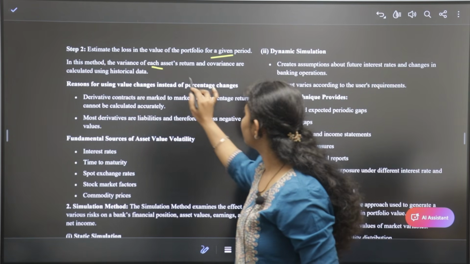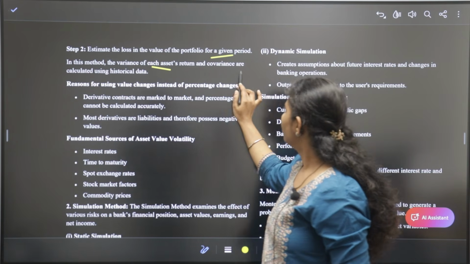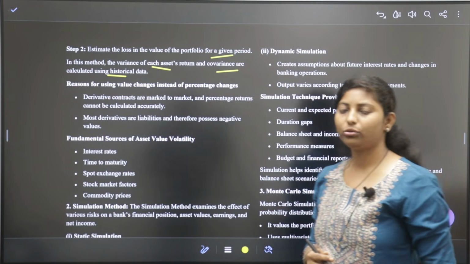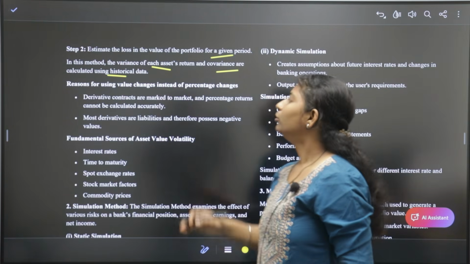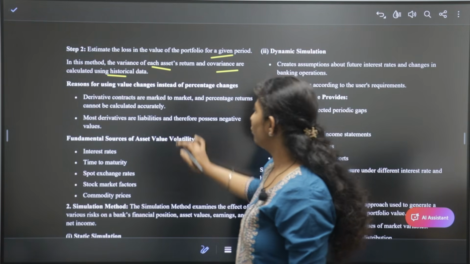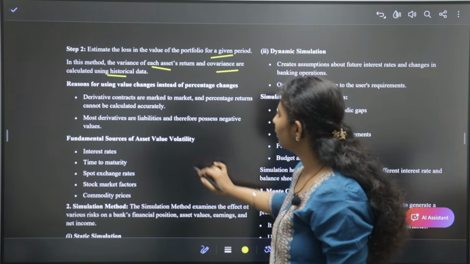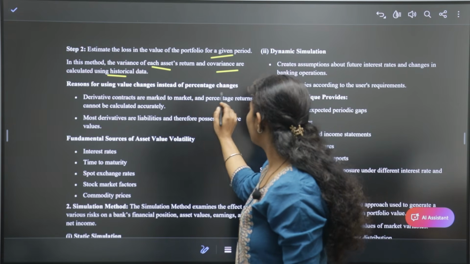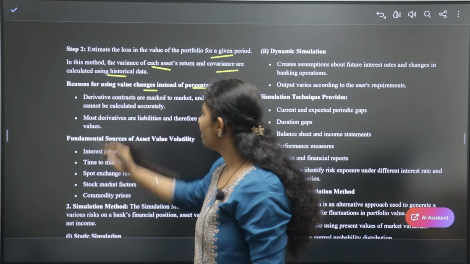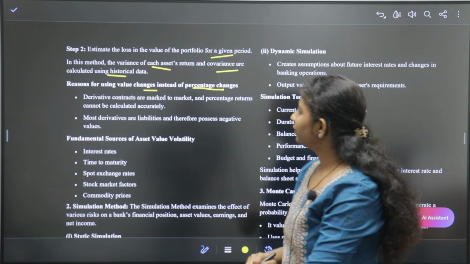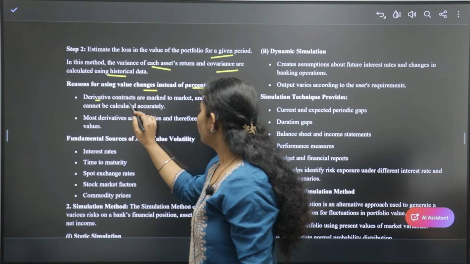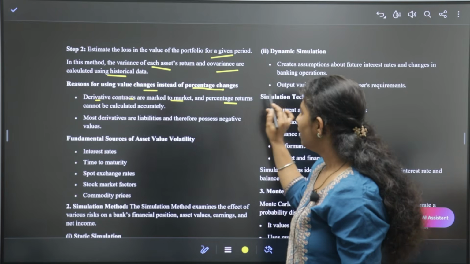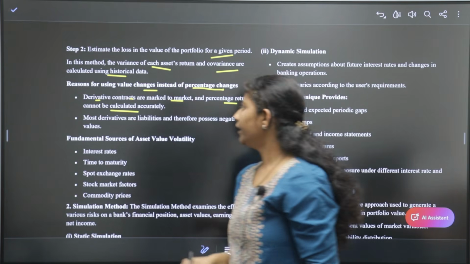In this method, variance of asset returns or return covariance are calculated using historical data. Historical data will help us to know your portfolio's value at risk. Next, the reason for using value changes instead of percentage changes: derivative contracts are marked to market and percentage returns cannot be calculated accurately.